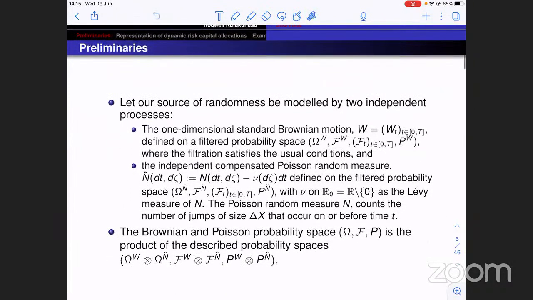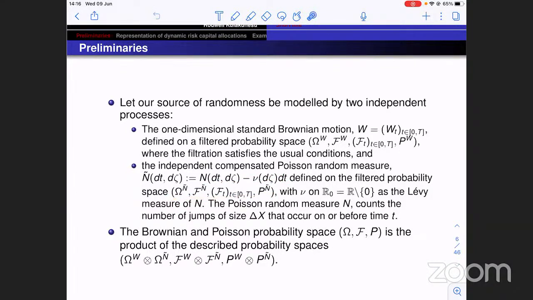What we have here is the filtered probability space, with the standard Brownian motion. This is for the diffusion, and then we also incorporate the one which can capture jumps, the independent compensated Poisson random measure, which will be given like this, and then the filtered probability space will be like this.